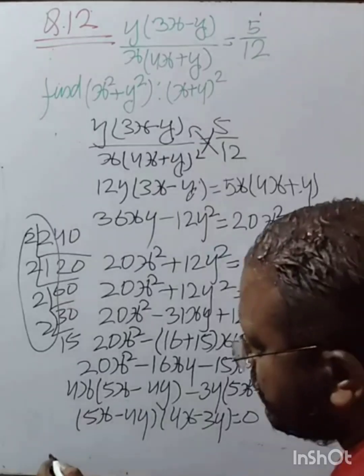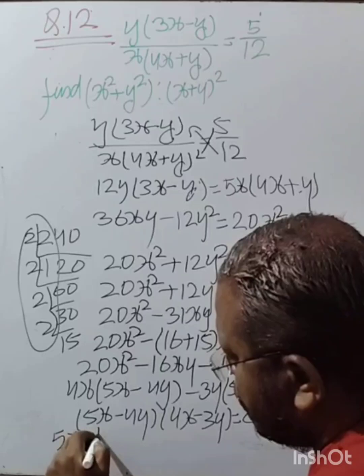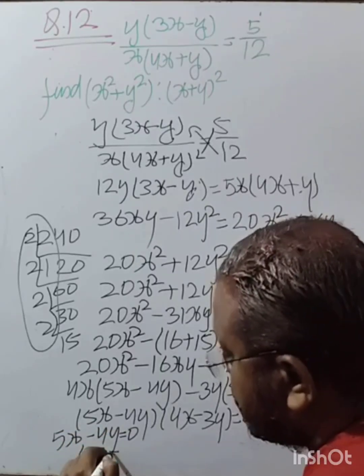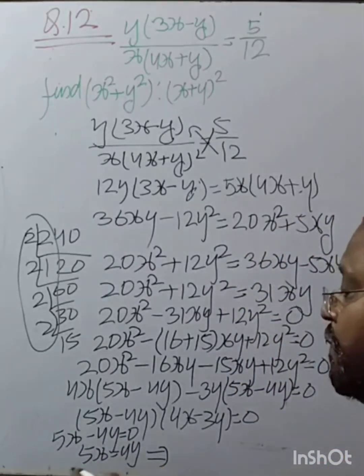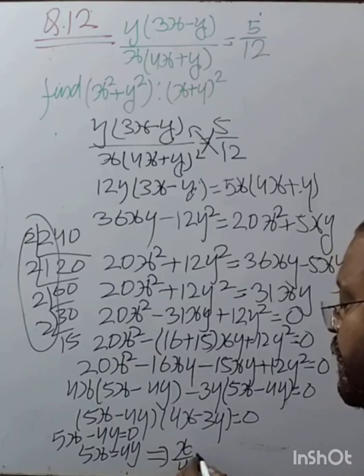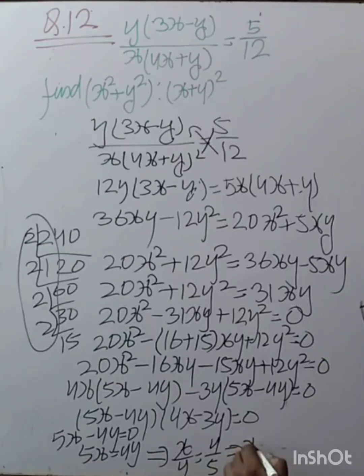Right? So now you can take 5x minus 4y is equal to 0. So 5x is equal to 4y. So you can write it x upon y is equal to 4 upon 5. Right? Yes, x ratio y is equal to 4:5.